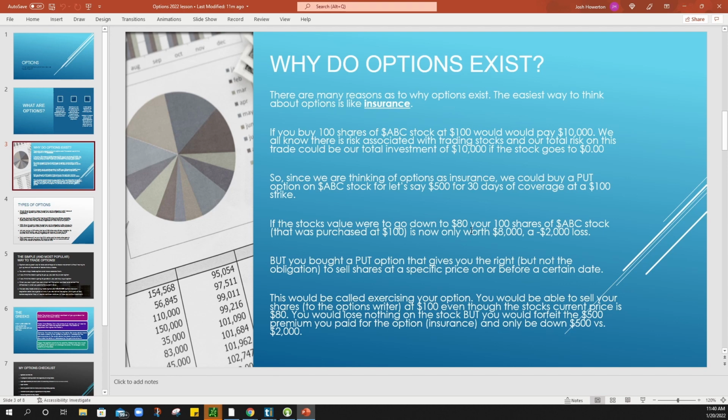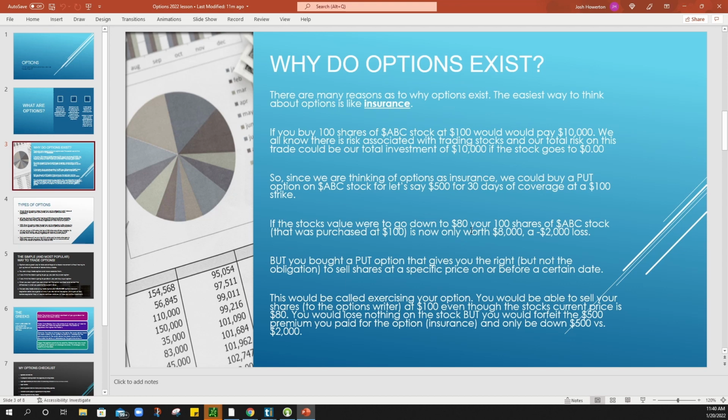If that stock's value were to go down to, let's say, $80, your 100 shares of stock, purchased at $100 per share, is now only worth $8,000. That would be a $2,000 loss, right?